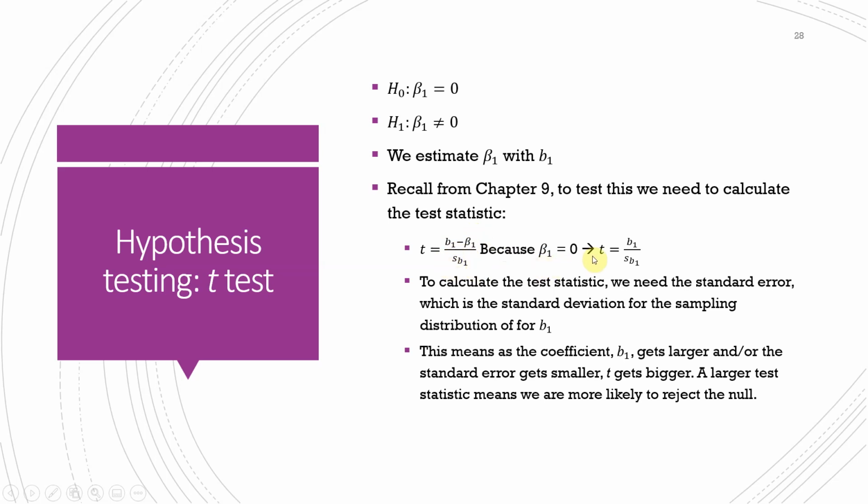Essentially it boils down to b1 divided by the standard deviation of b1. To calculate this test statistic, we need the standard error, which is the standard deviation of the sampling distribution for b1. We already know that the standard error is the standard deviation of a sampling distribution, in this case b1. That's what we're interested in.